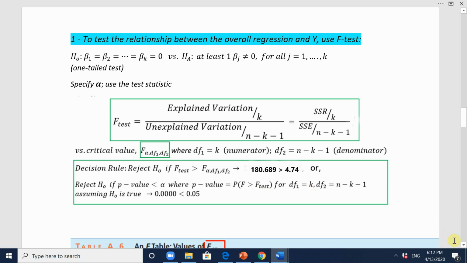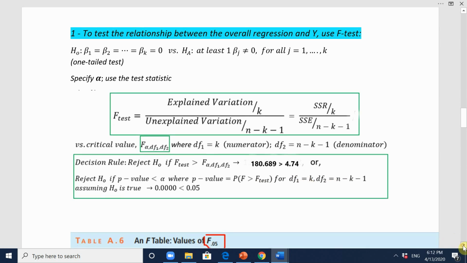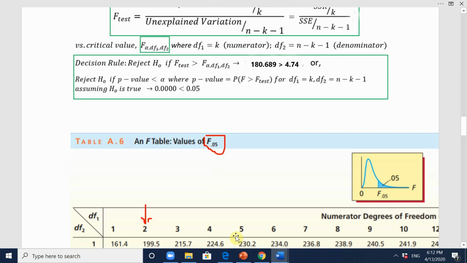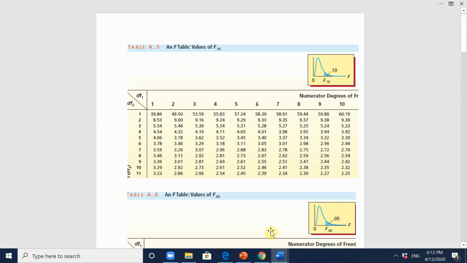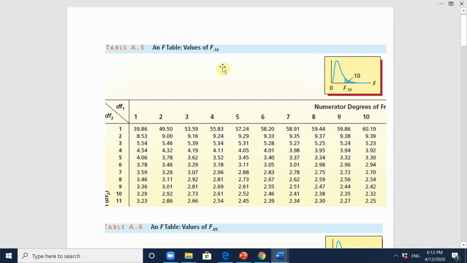The way to go about this, I'm just going to do a little dry run with you here. Let's go here. I've got my first F table, and I start by looking at it. The first one that shows up is for a right tail area of 0.1, in other words 10%. That's my right tail area.